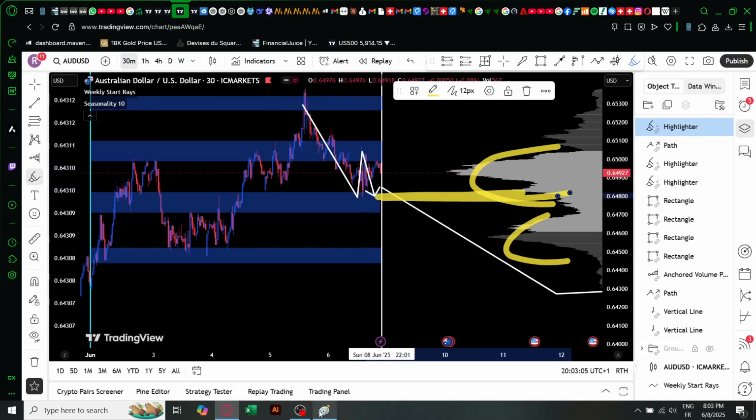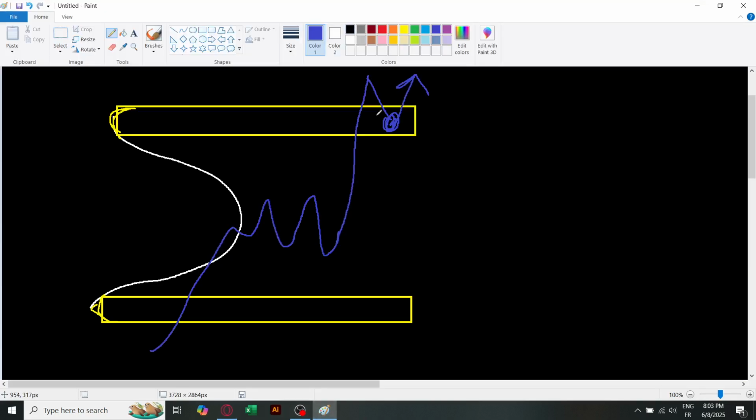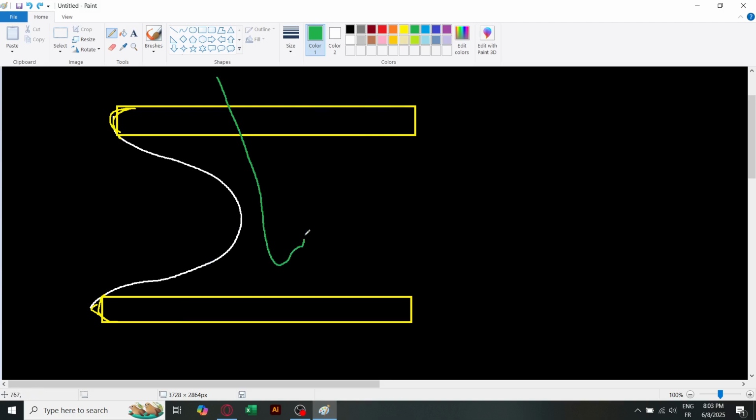So in this case, price didn't break through. So price, let's say it came back from here and then spent some time, but it rejected this area. It didn't break through. So what can we do right now?